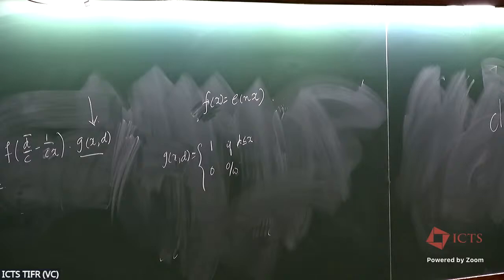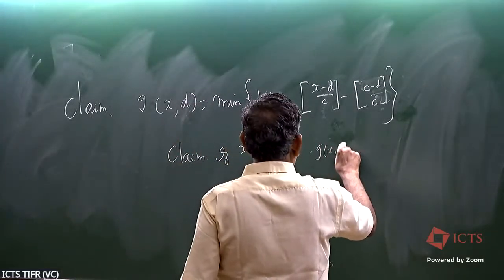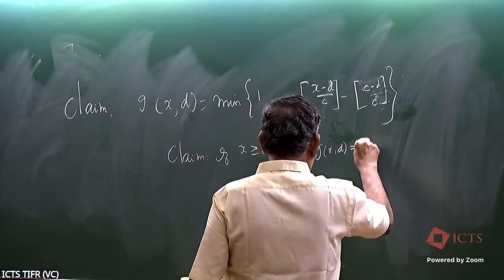Now, I claim again that if x is bigger than or equal to little c plus capital C, then g of x,d is equal to 1.